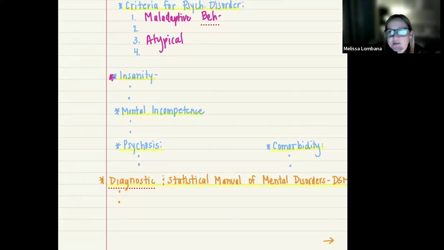So psychologists, psychiatrists, people in the mental health field, mental health counselors, they're the ones that will read this DSM-5, look at the criteria, and determine if the person meets that criteria, and then they can diagnose them. And for this, the DSM-5, they consider environmental events, medical conditions, and genetic links as well for these behaviors.